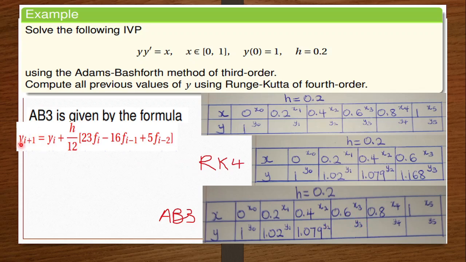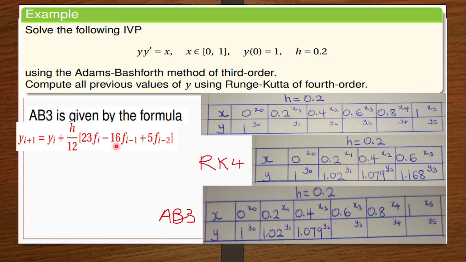We get y3 by making the i value over here 2. So if i is equal to 2, then we are going to get y3, here y2, and then f2, f1, and f0. Do you see that? The other variable here is going to be h, and we know h is 0.2.